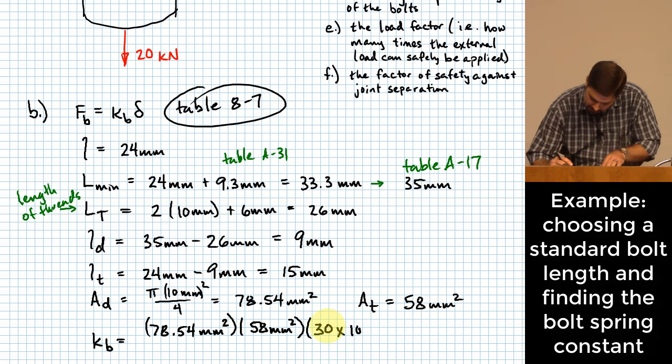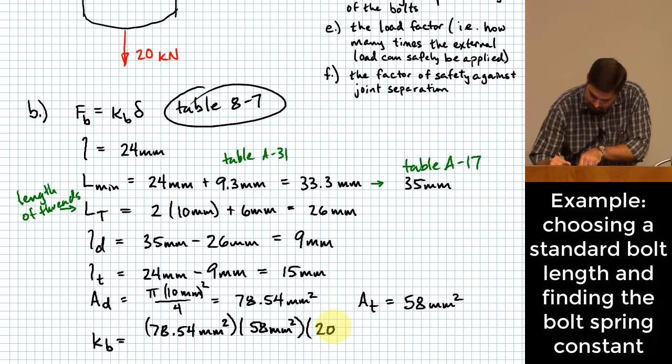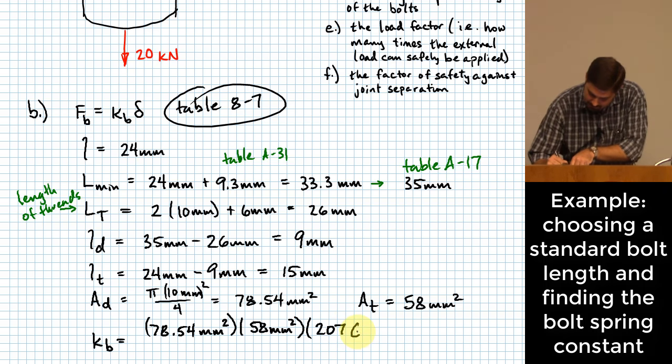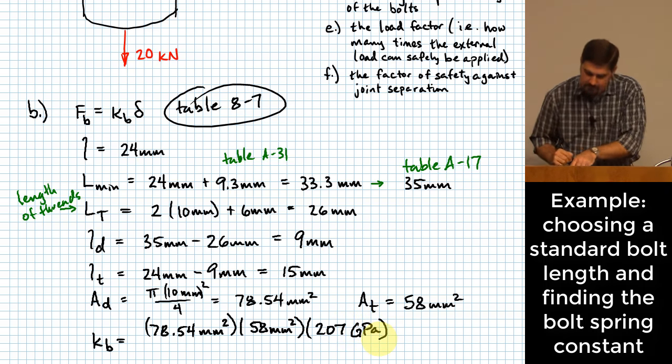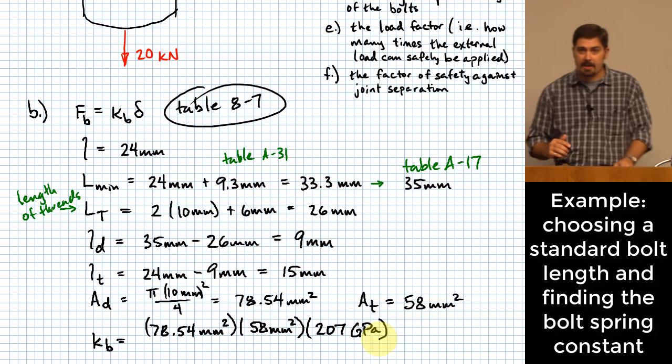Whoop. And we're in a metric system here, so what should I put in for my E value? 207 gigapascals is what comes out of table A5 at the back of the book.